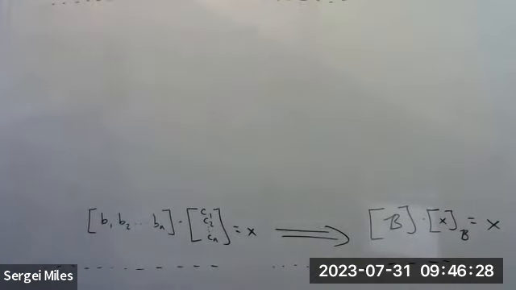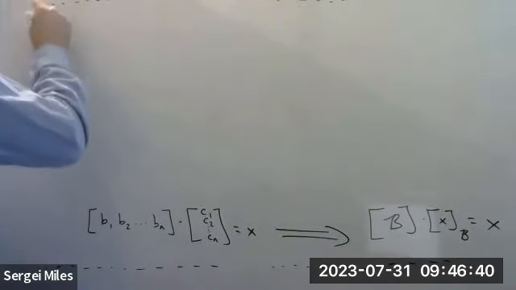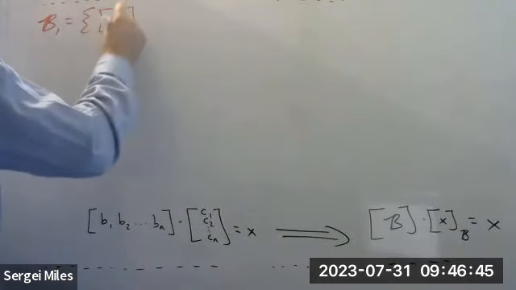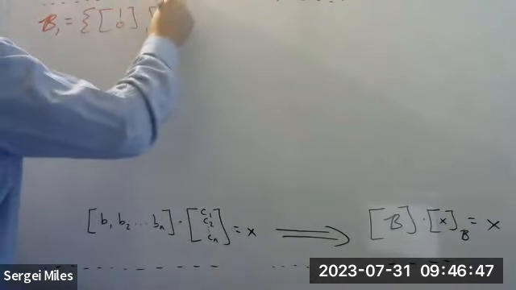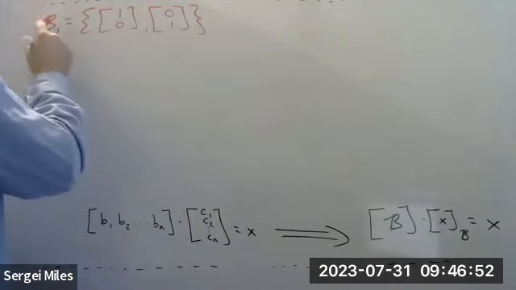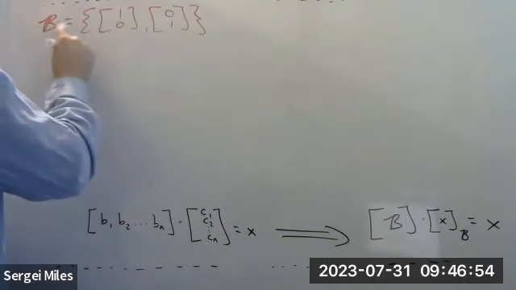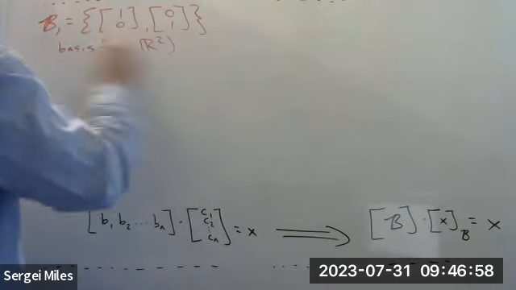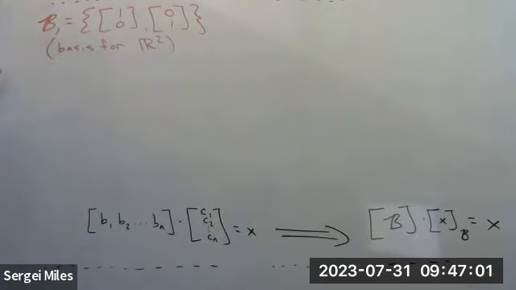All right. Now, as we've already noted, something special happens when our basis is comprised of the identity vectors. Let's let B1 equal the basis of identity vectors for R2, right? This is a basis for R2, right? We already know this.